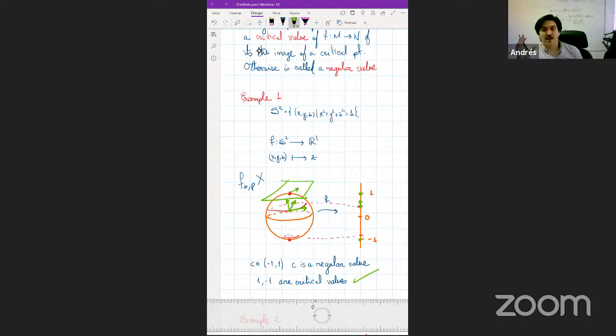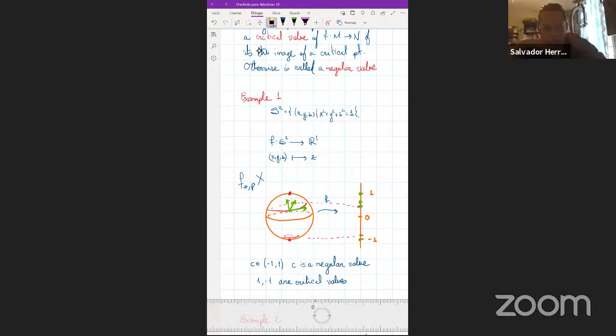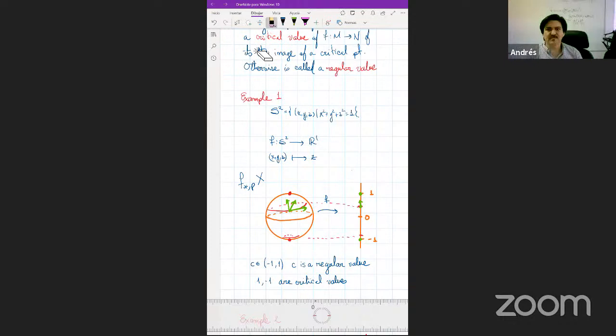So on the sphere, any point that is not the north and south pole is a regular point, and only the north and south poles are critical points of f. Any questions? No. Good. So let's move on then.